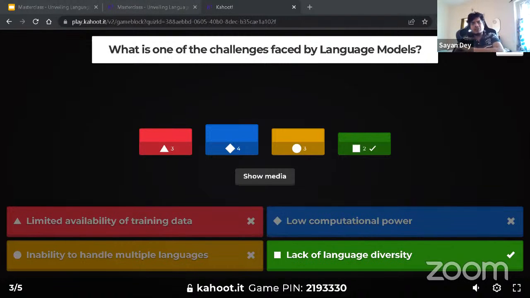Lack of language diversity is very important, because although language models perform extremely well in English, if you look at vernacular languages, Hindi and other native languages, language models actually suffer today. This is why in NLP, top product companies today are hiring a lot of people across different languages.